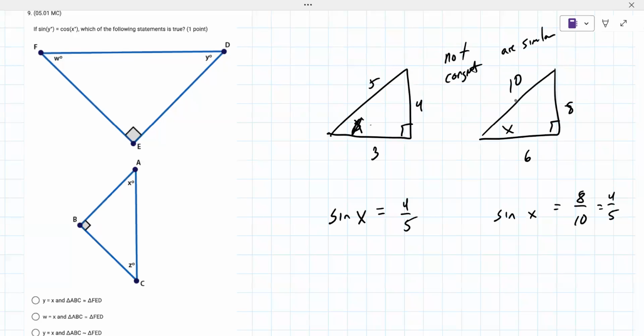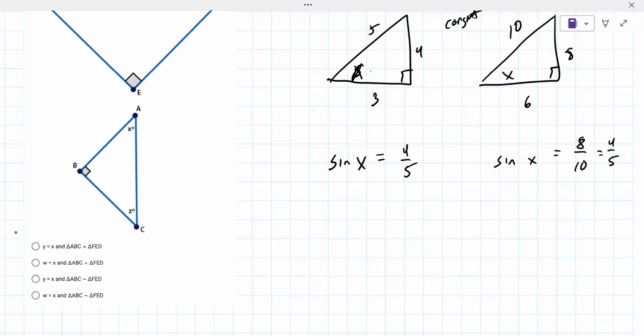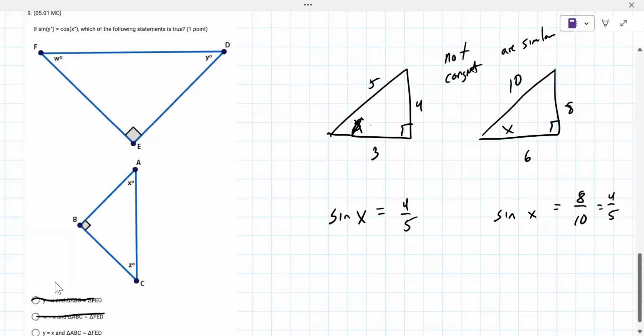They are similar. So when we look at the answers down here, we've got to get the ones which are similar. So for the similarity is the same here. So it's either y equals x or w equals x. If sine y equals cosine x, then the angle must be the same. So these angles must be the same.